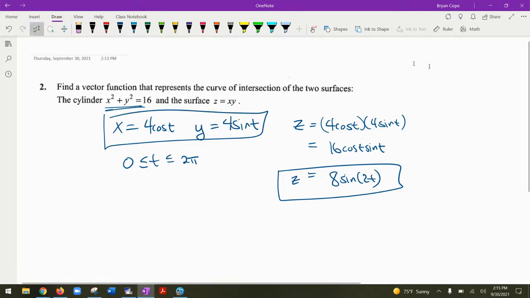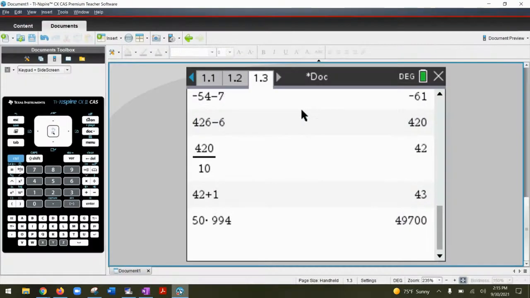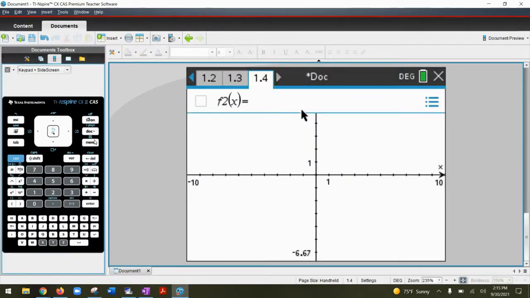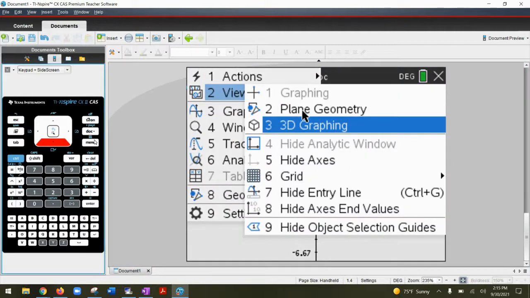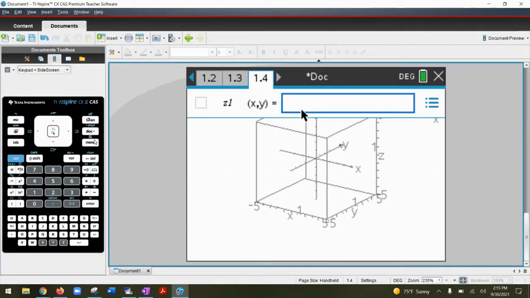And you know what? Let's do it on the calculator so you guys can test it too if you want when you're on an exam. Okay, so remember the 3D graphing is found under View and 3D Graphing. Unfortunately, I'm not going to be able to show you the cylinder because there's no z, and these are required to have z in it.